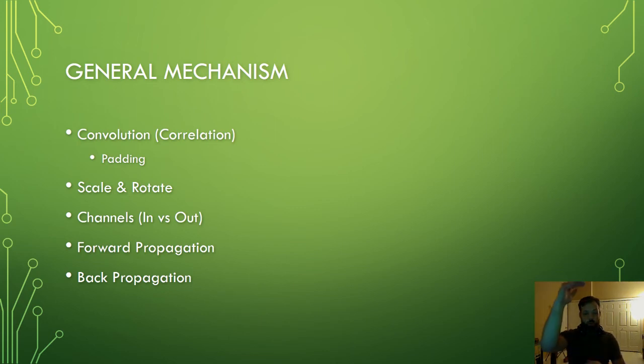And then you're going to take all your acquired features from all your different filters, and stack them up as channels into one input to the next layer. And then basically forward propagation and back propagation are still going to be the mechanisms that we're going to be using. It is still a neural network after all.